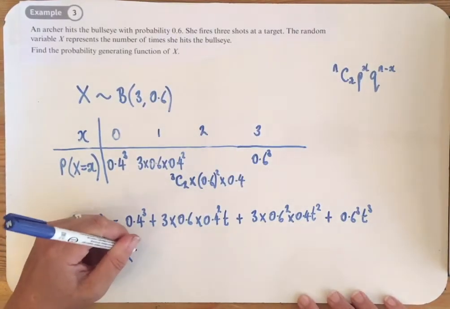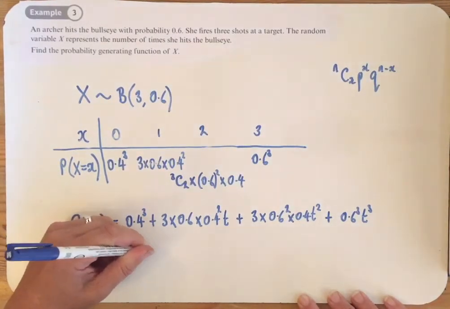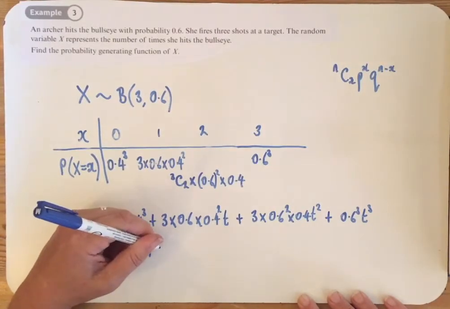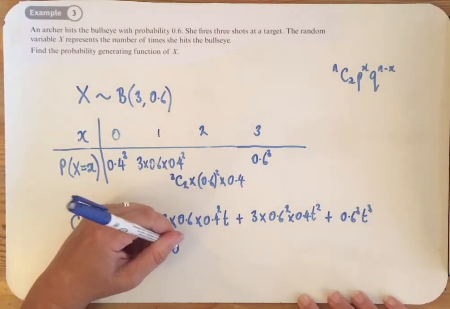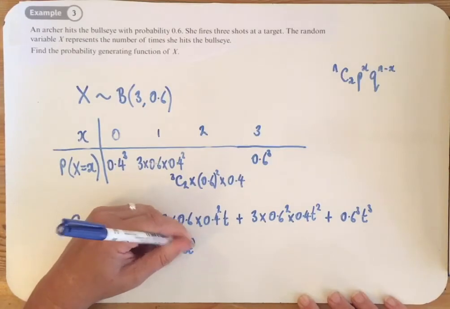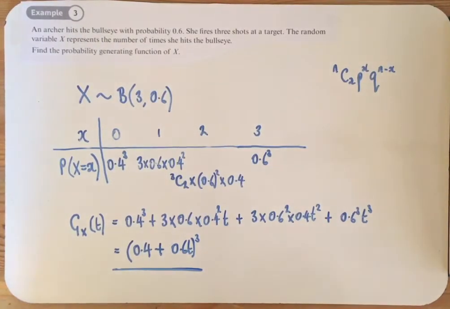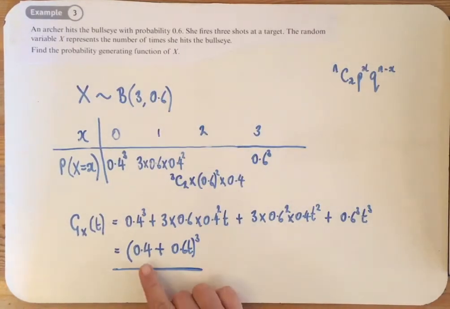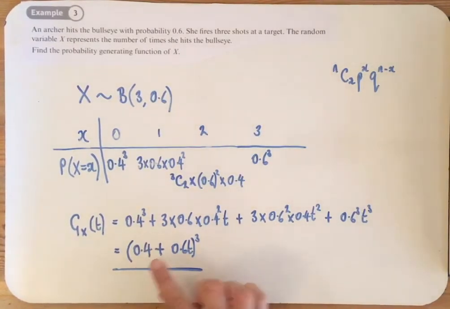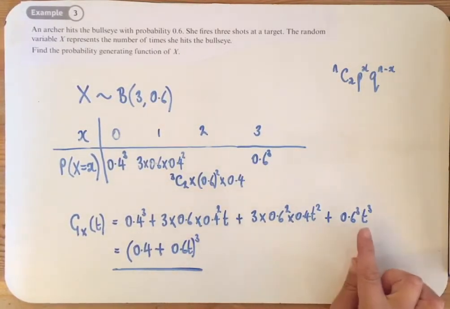I think this is the same as expanding (0.4 plus 0.6t) cubed using a binomial expansion. So taking the first part to the highest power, the power goes down by 1 each time.